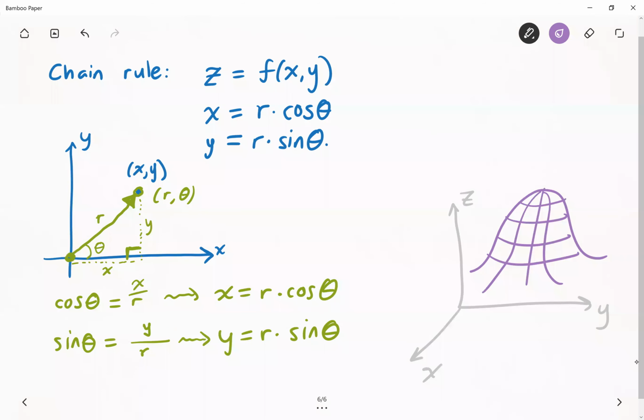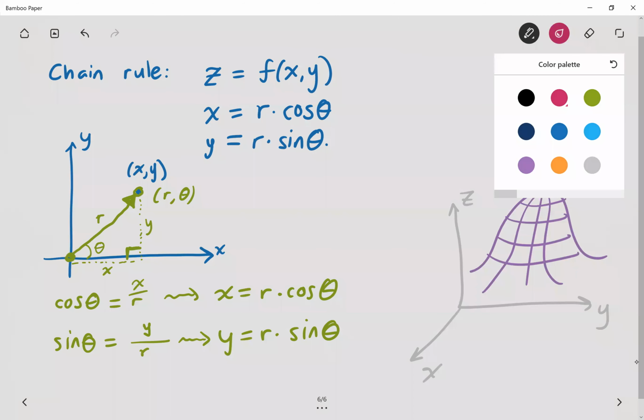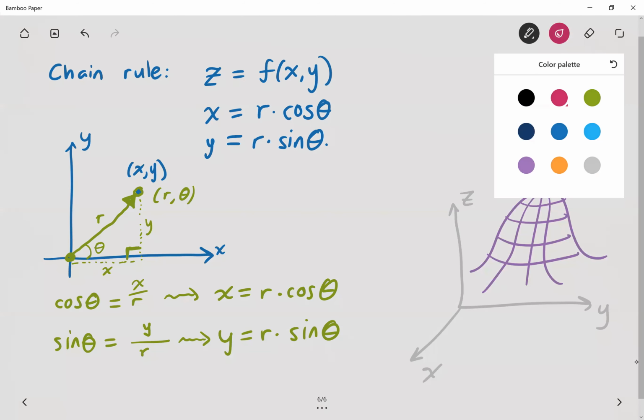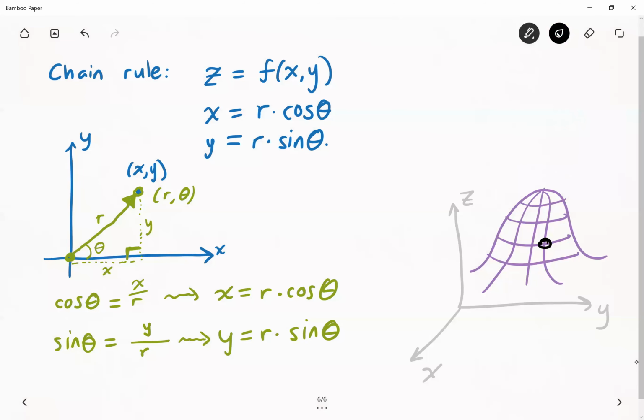Right, instead of moving in a straight line, you might ask yourself the following question. And so let's say I'm sitting at this point on the graph. I'm going to go ahead and draw kind of the shadow of that point on the xy axis. And so this is some point which lies above this other point in the xy plane.